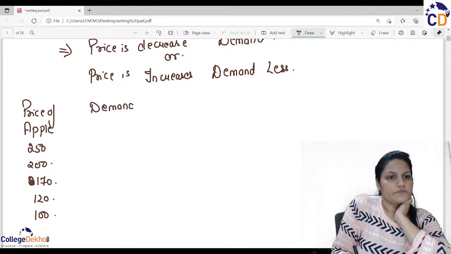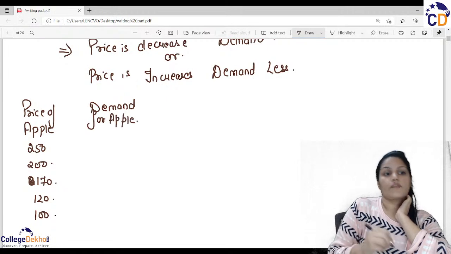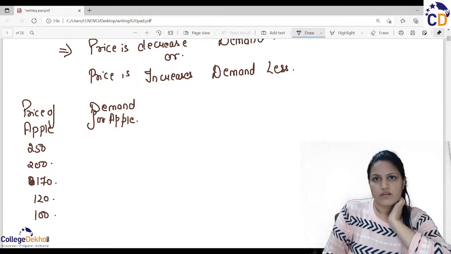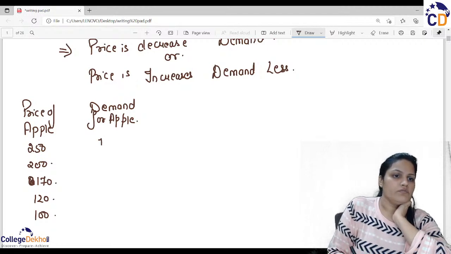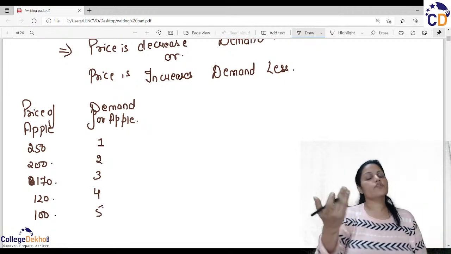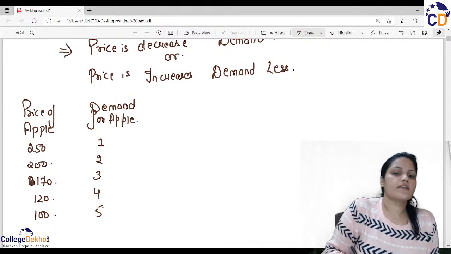Demand for apple is going to increase. Obviously, in the case of 250 rupees, we will not purchase more. So here is a proper example: as the price decreases, your quantity demanded increases.